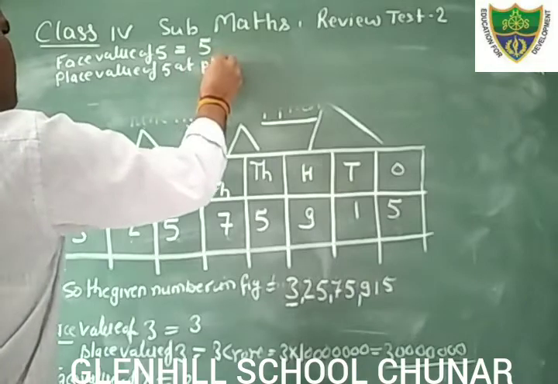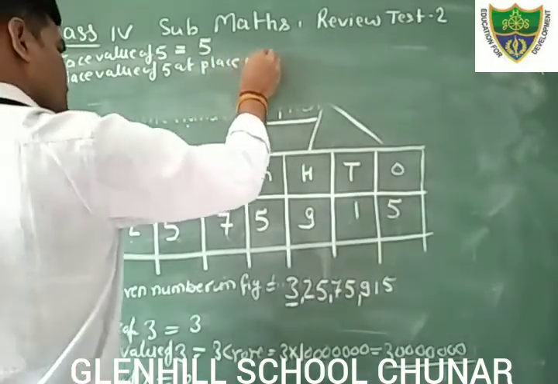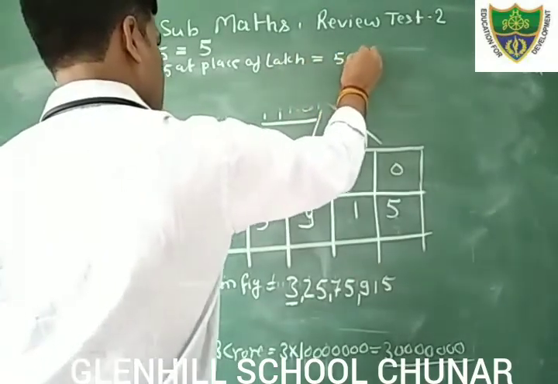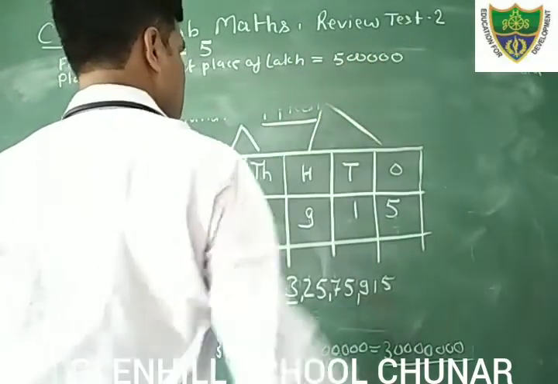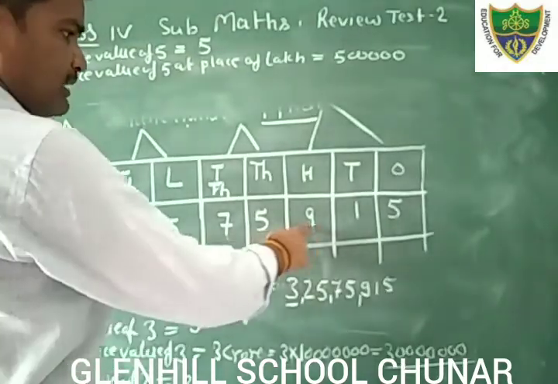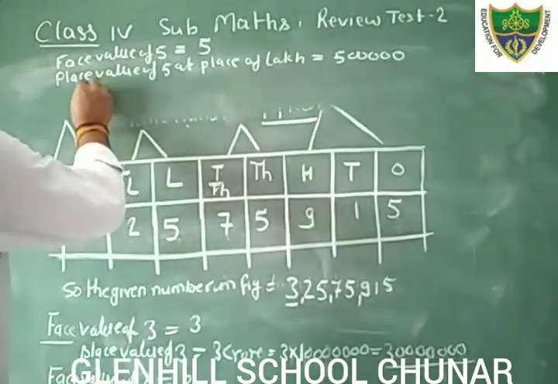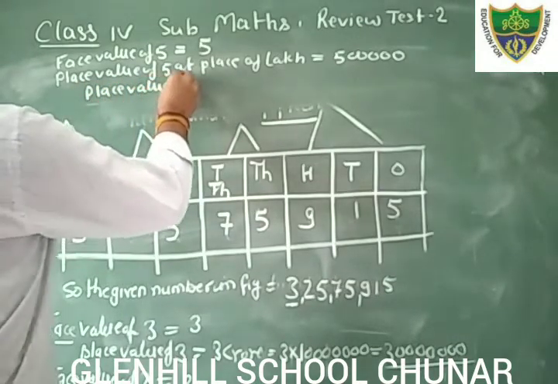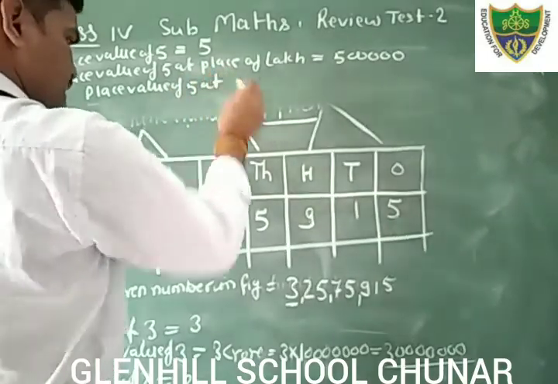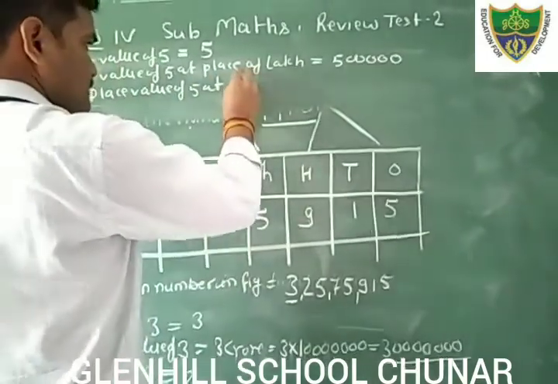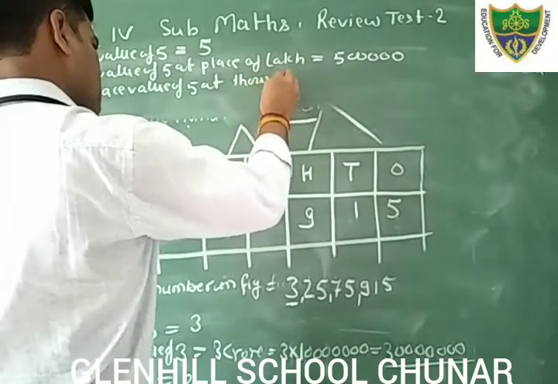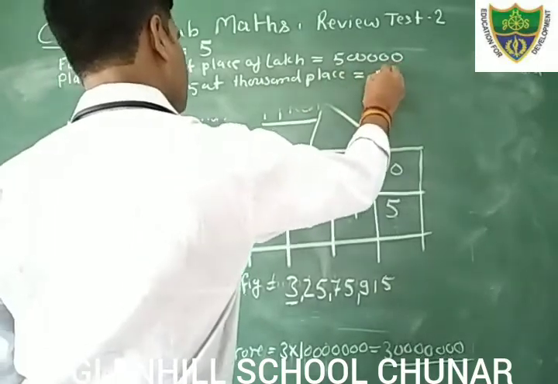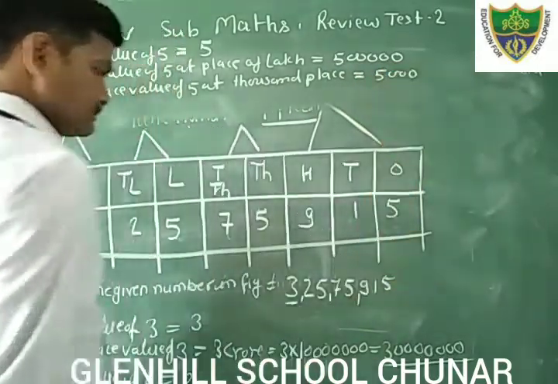at the place of lakh, that is 5 lakh. 5 and rest of the number as 0. Again, place value of 5 at 1000 place, that is 5000.